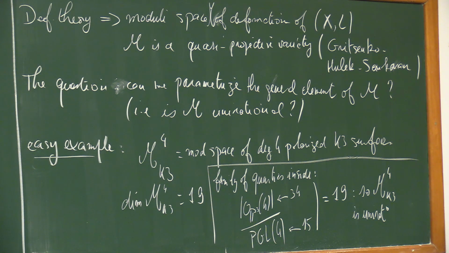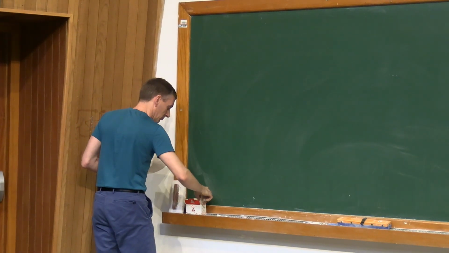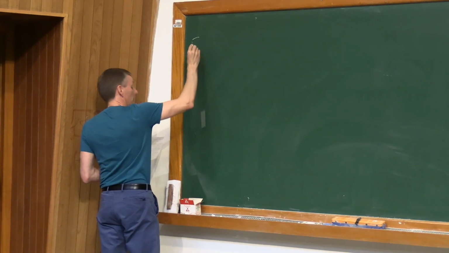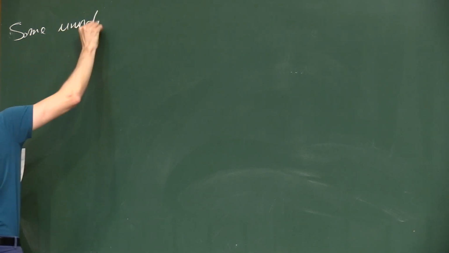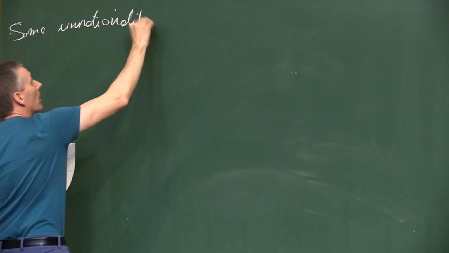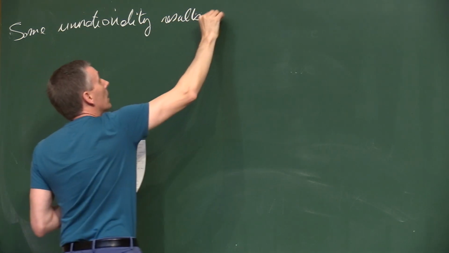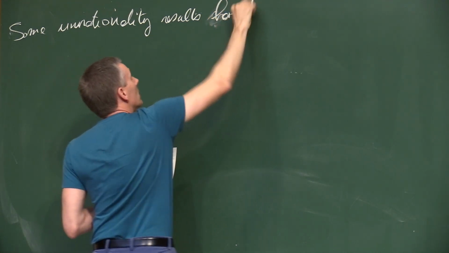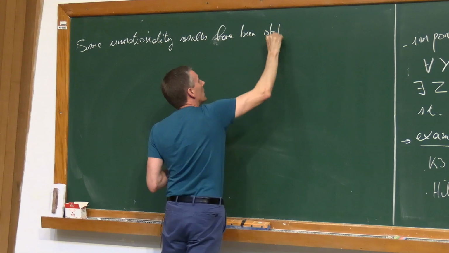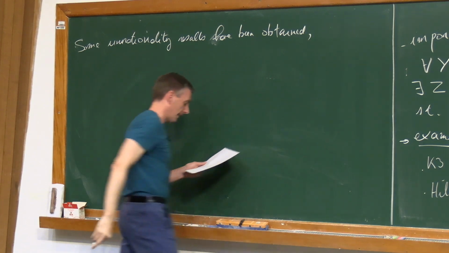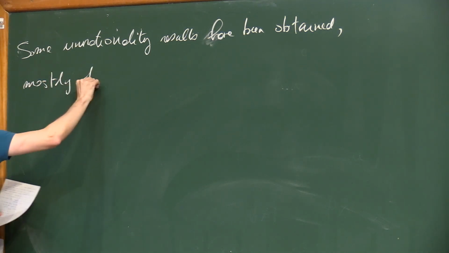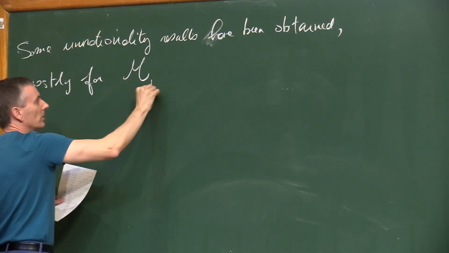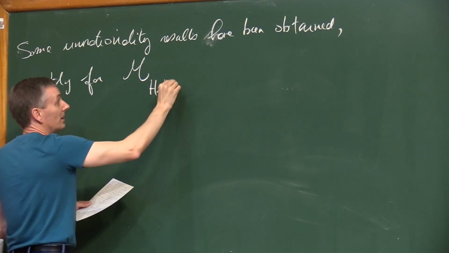So now, there are some unirationality results that are known. Some unirationality results have been obtained, and most of them for the moduli spaces of deformations of the Hilbert schemes.